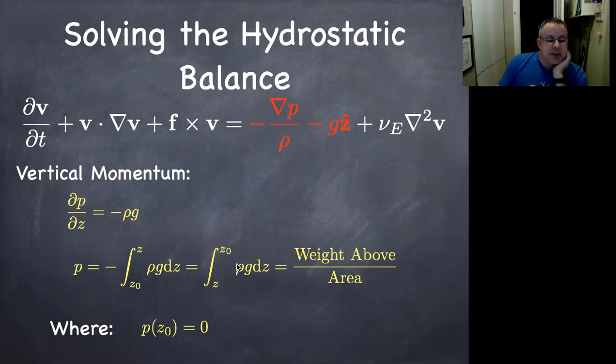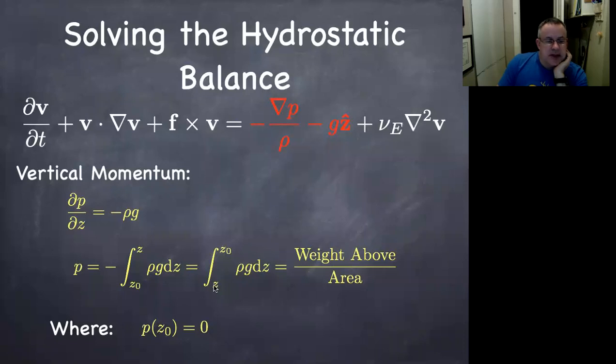Well, rho is the mass per unit volume. So rho dz is the mass per unit area. And mass times gravity is the weight. So the weight per unit area is what the pressure is. The weight where?